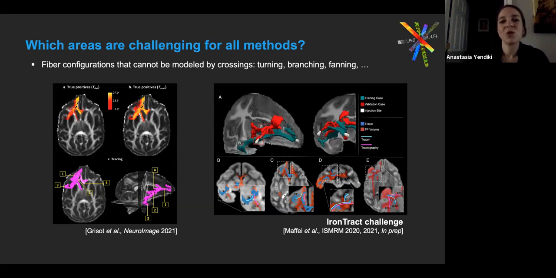So areas where you have turning fibers, branching fibers, fanning fibers, etc. And that is to be expected because the ODF-based methods are essentially trying to solve the crossing fiber problem. And we have gotten very good at solving that problem, but not so good at solving everything else that can exist in the brain.